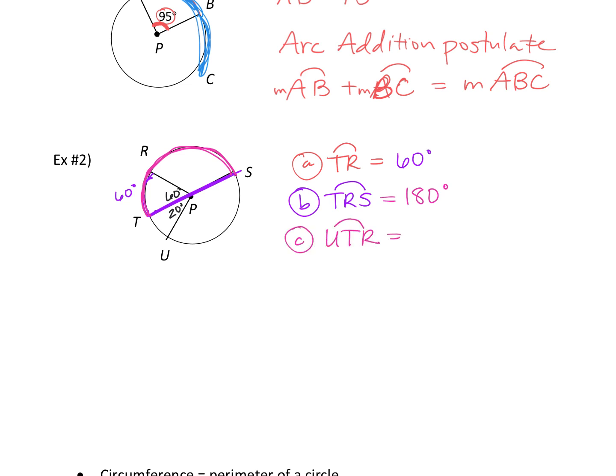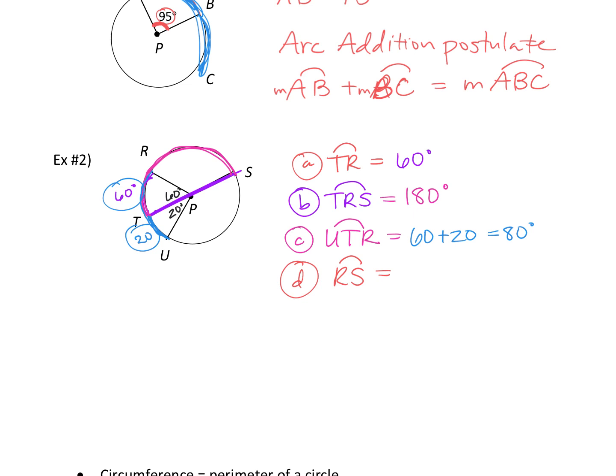So what would arc UTR be? 80. It's 80. This is the arc addition postulate. This one's 20. U to T to R is 60 plus 20, or 80 degrees. Okay, last one here. What's the measure of arc RS?